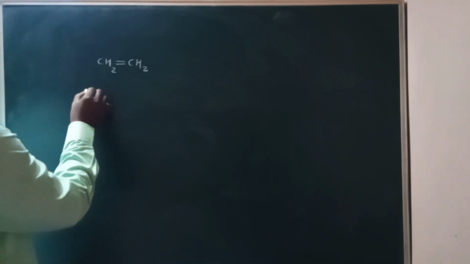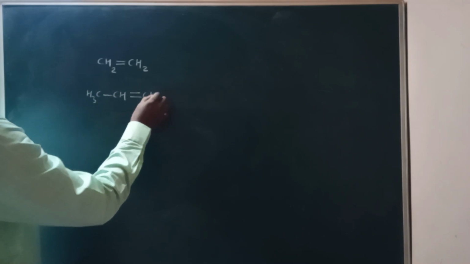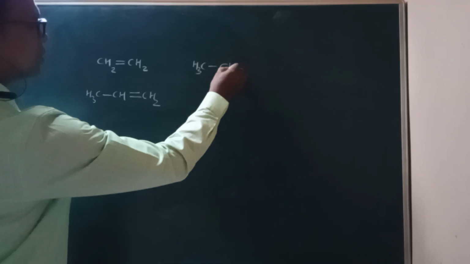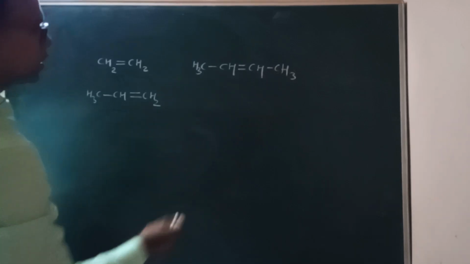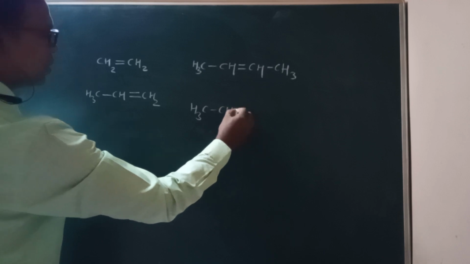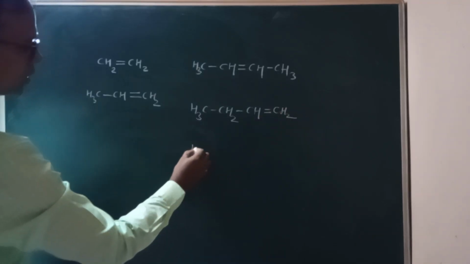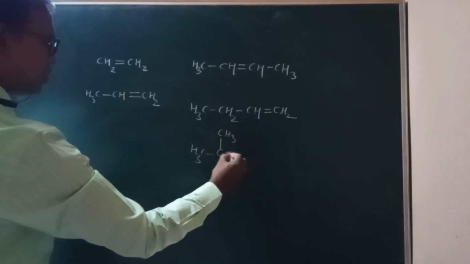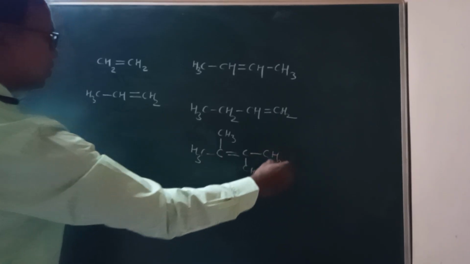Here I'm taking some examples: CH3-CH=CH2, then CH2=CH2, then two isomers of butene, CH3-CH=CH-CH3, and its isomer CH3-CH2-CH=CH2, then CH3-C(CH3)=C(CH3)-CH3, and so on.